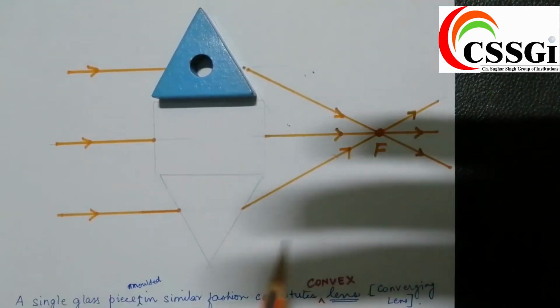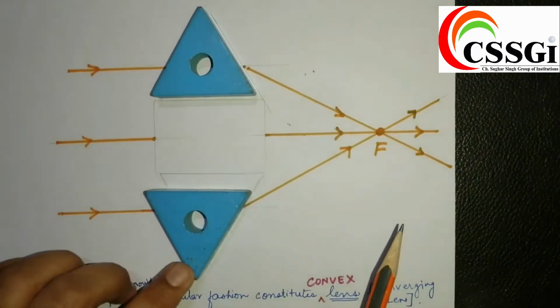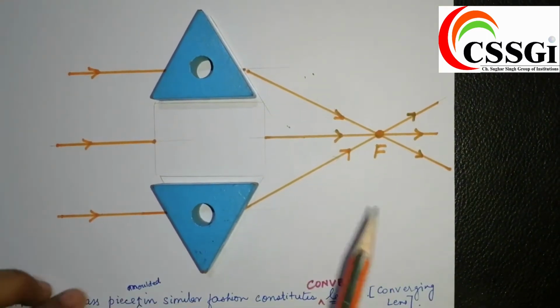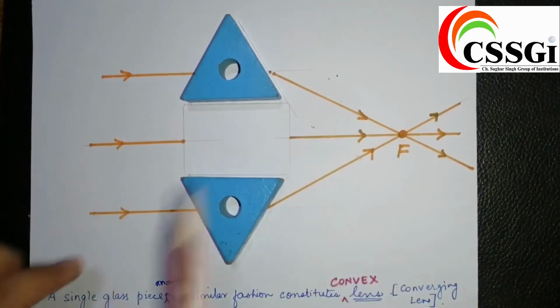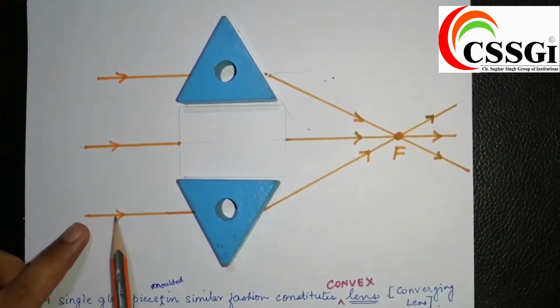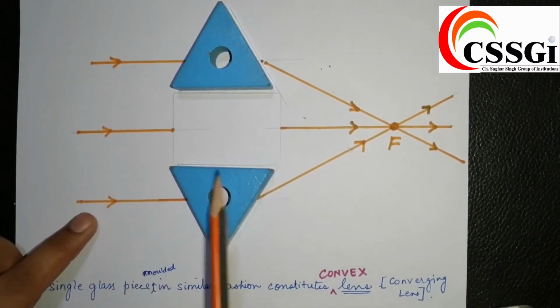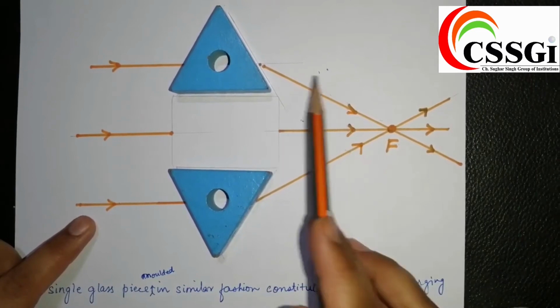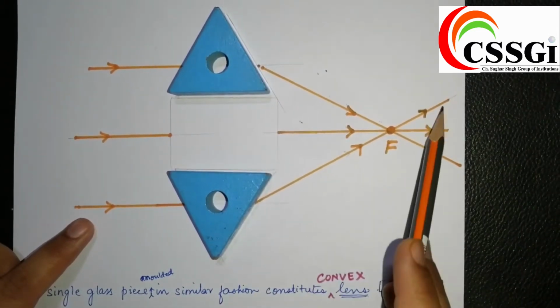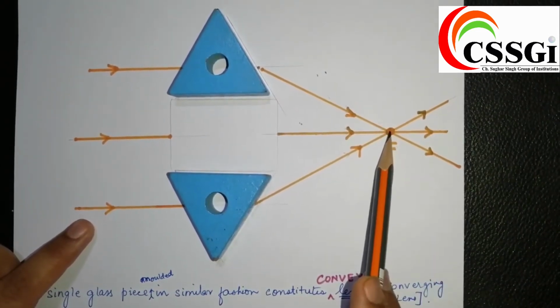Similarly, if we take another glass prism and place it in the inverted position, now see, when we send a parallel beam of light to the base of the prism, the bending will happen in this way. So these two light rays after refraction meet at this point.